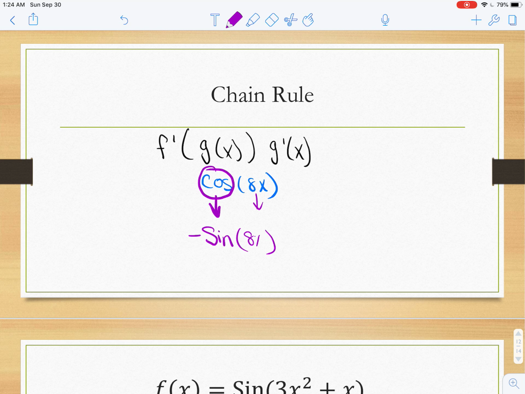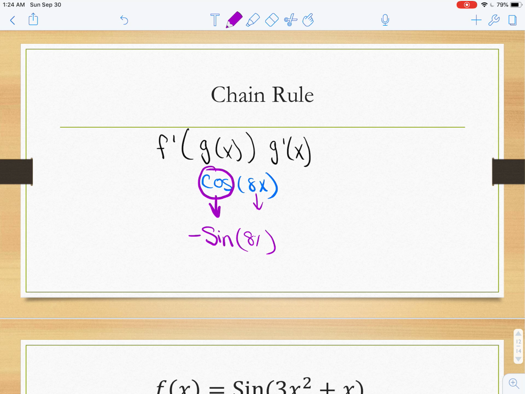So f prime of x equals cos, we keep our inside function, so we have 3x squared plus x, and then we have to multiply by the derivative of the inside, which is 6x plus, this has an invisible 1, so this is our derivative.